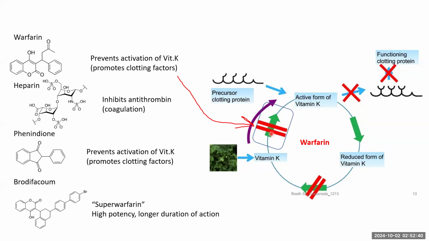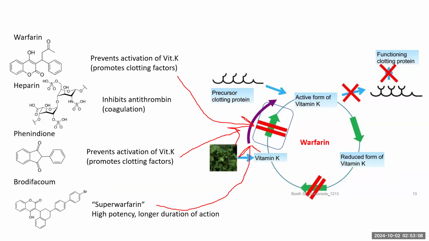If you can't activate vitamin K, then it never turns on the cell signaling cycle of clotting factors. Warfarin inhibits the activation of vitamin K. Similarly, so does phenadione, and similarly, so does brodifacoum.